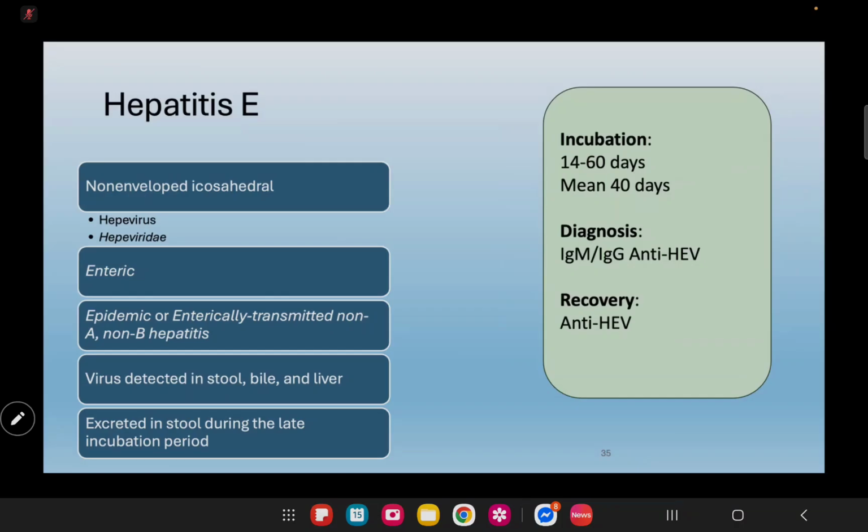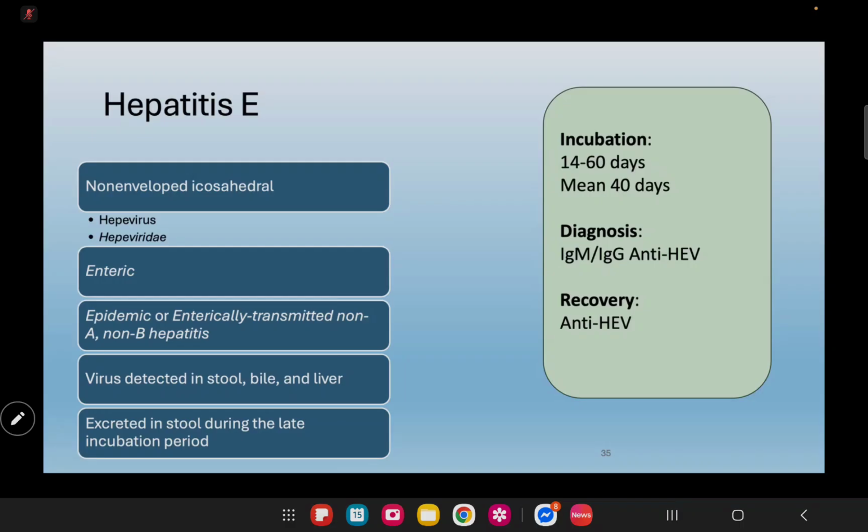In most cases, hepatitis E is self-limited, but there are certain populations, particularly pregnant women, who are at very high risk of severe disease. The incubation period ranges from 14 to 60 days with a mean of about 40 days.